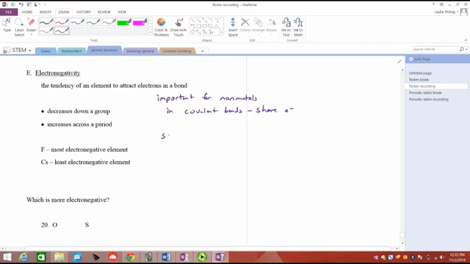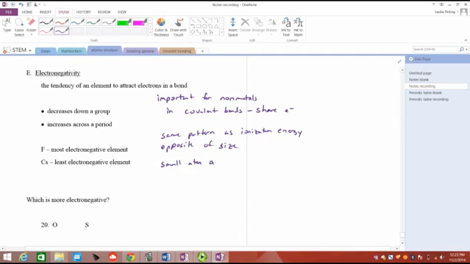And notice it has the same pattern as ionization energy, which is the opposite of size.